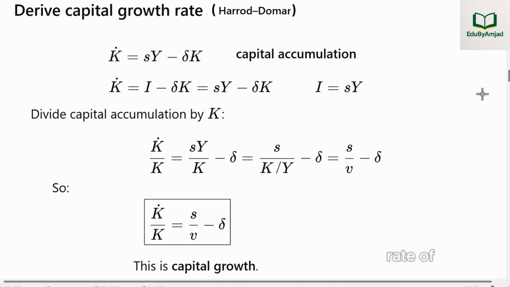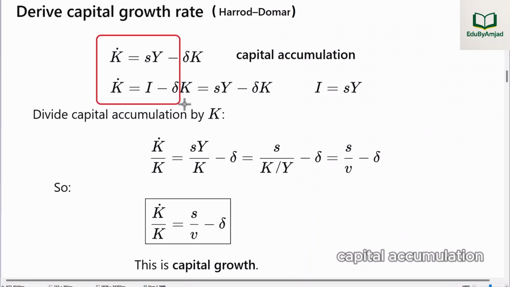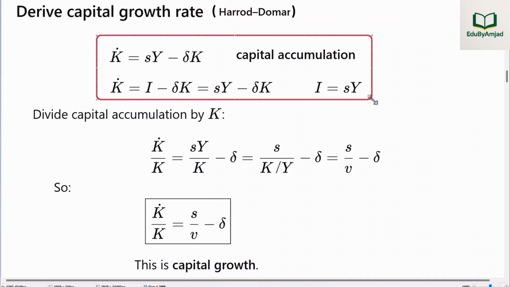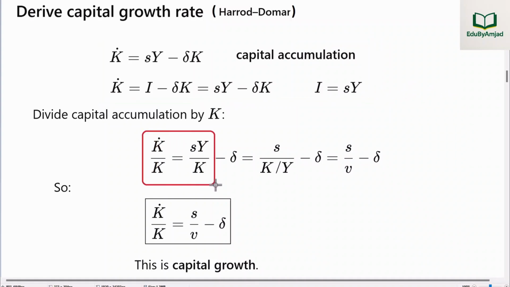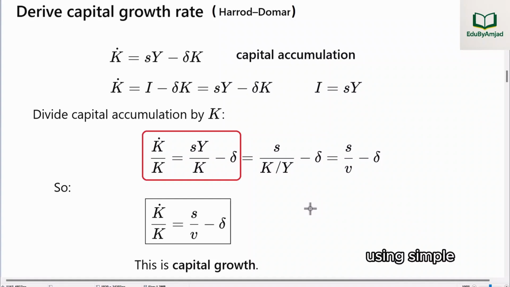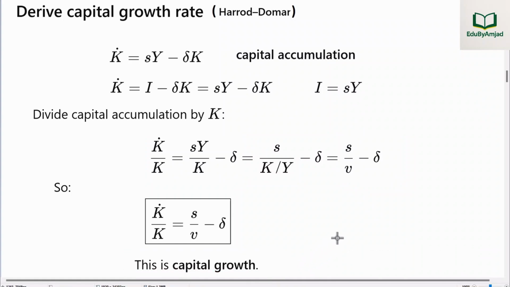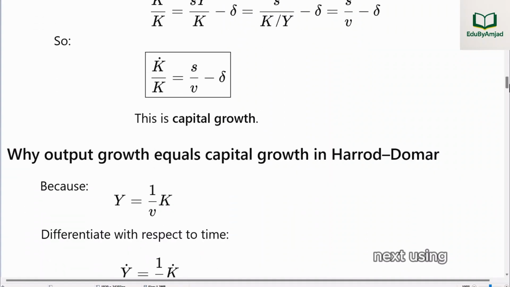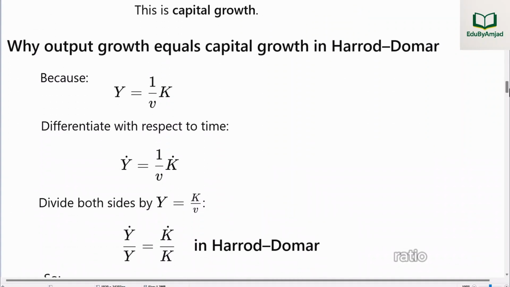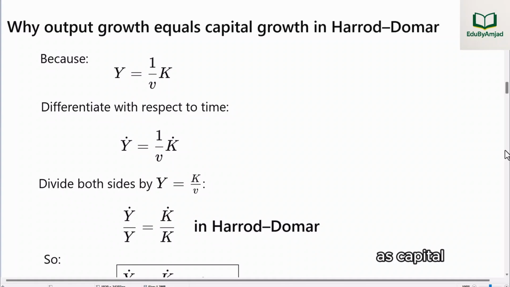To derive the growth rate of capital, we begin with the capital accumulation identity. Dividing this identity by the capital stock, and using simple algebra, we obtain the capital growth rate as the saving rate divided by the capital output ratio, minus the depreciation rate. Next, using the fixed capital output ratio, we can write output as capital divided by the capital output ratio.